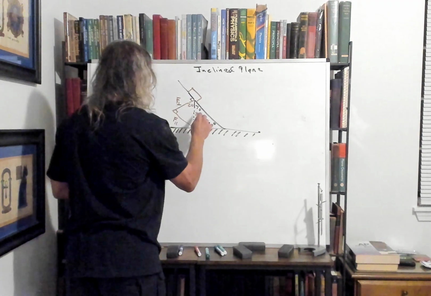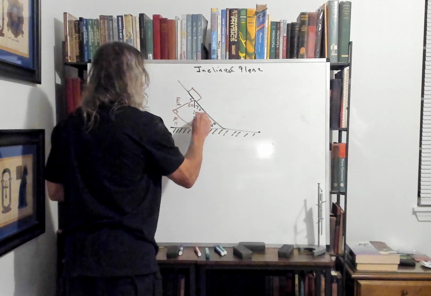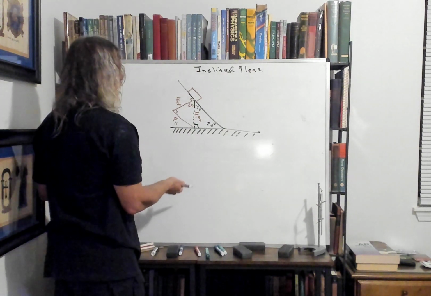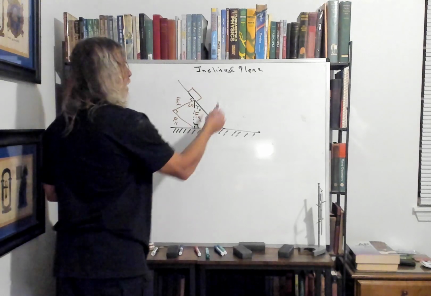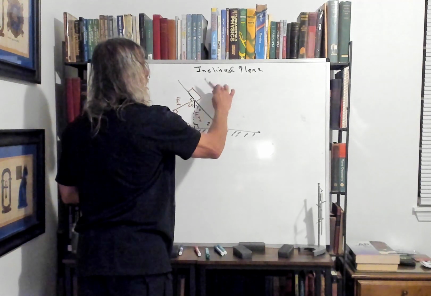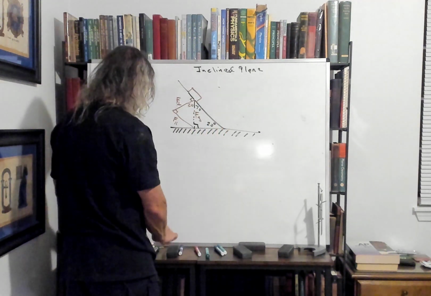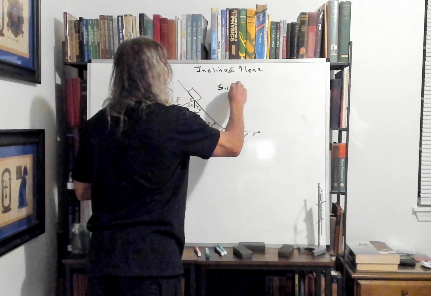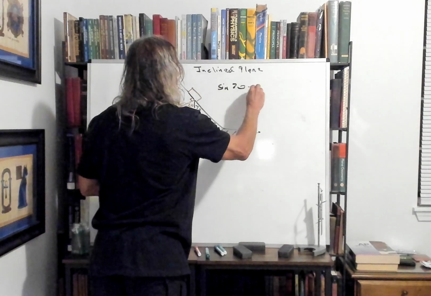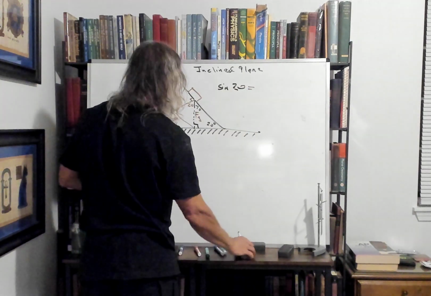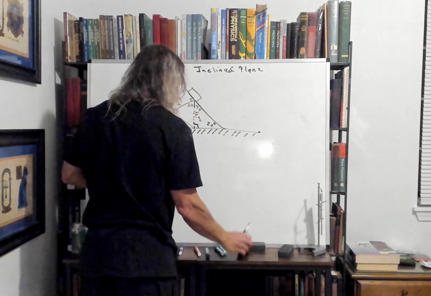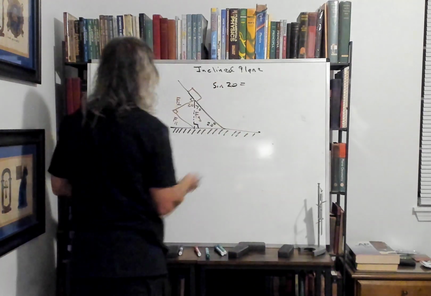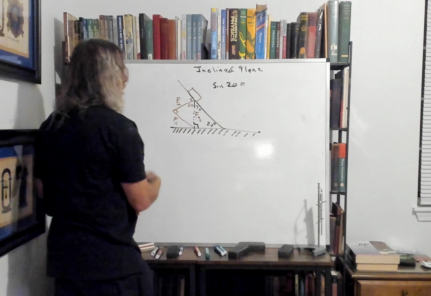And then with our trig stuff, we would see that we get the force of gravity and the parallel. We'll do it like this first. Sine of 20 equals opposite over hypotenuse.